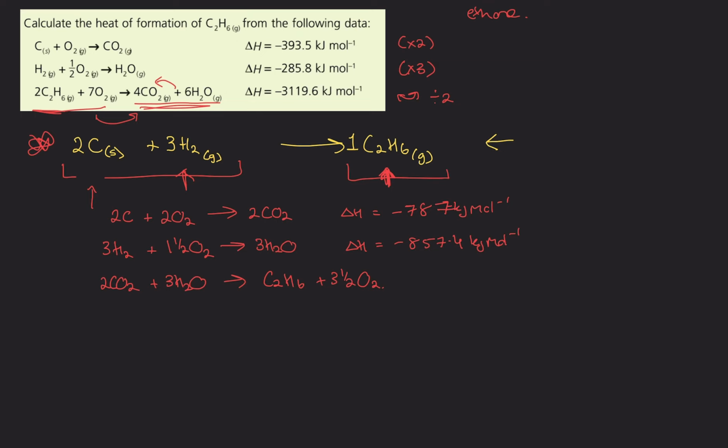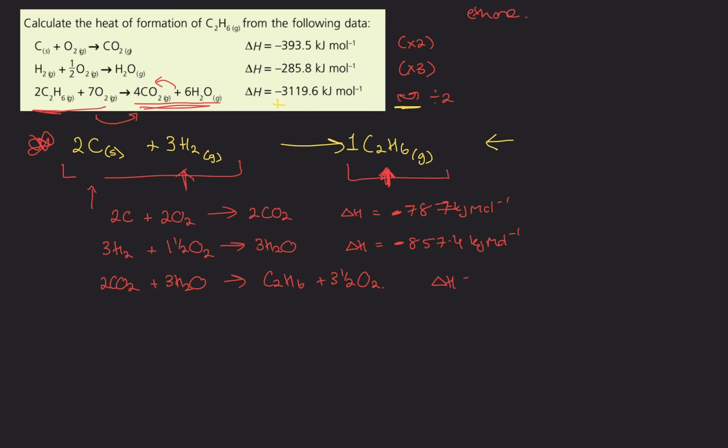Now don't forget to work out your new heat of formation. So all of the time, the 2 previous ones, we've kept the minus sign. We've kept what was there and we've multiplied it by 2 or 3. So that's fine. If you reverse an equation, you have to change the sign to a positive.